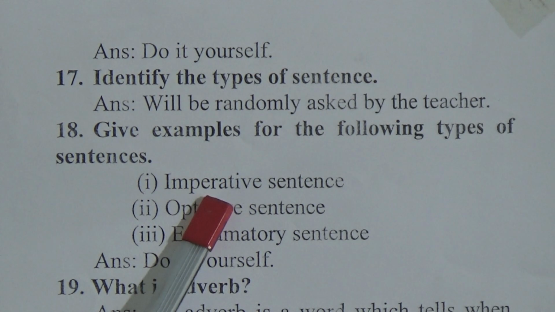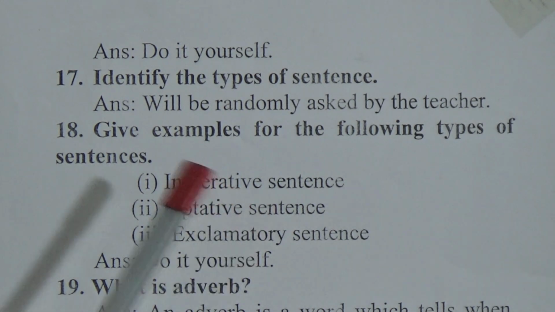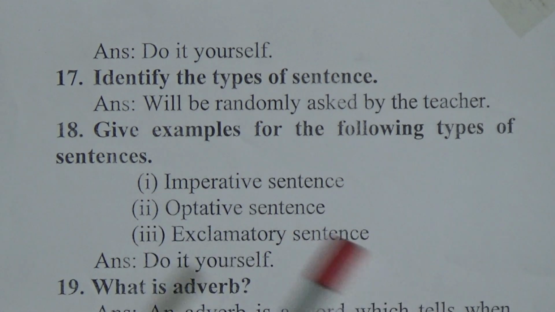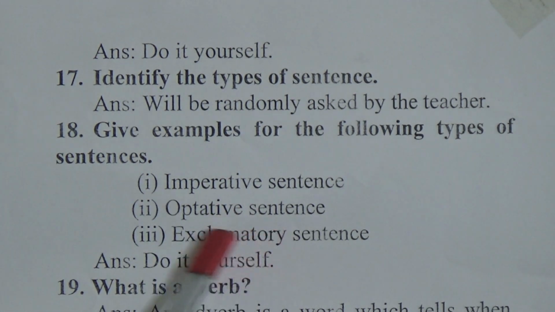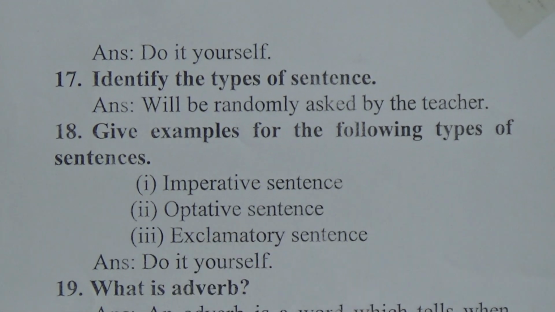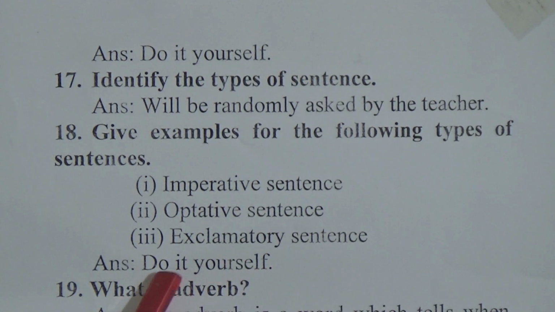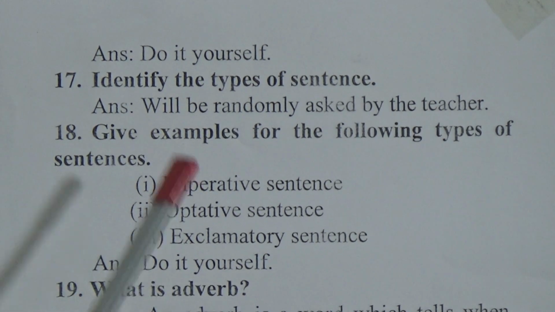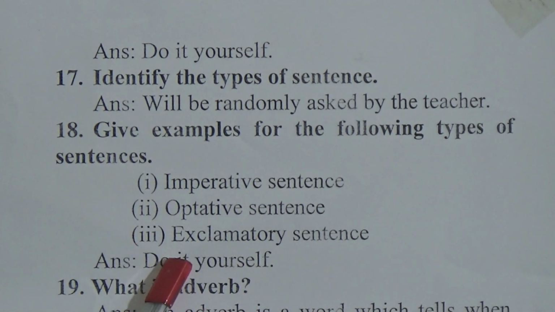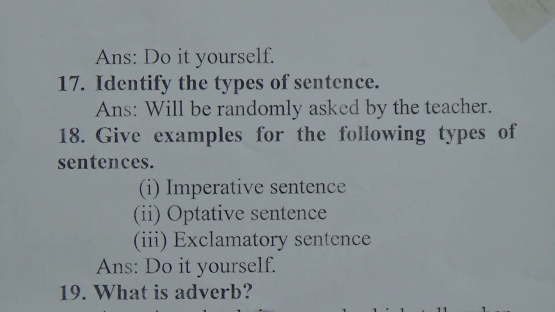So it is an order by your teacher, so it is an imperative sentence. Or optative sentence, you will make a sentence with may you live long. And exclamatory sentence, how beautiful the bird is. Like this you will make your own sentence. That means you will make your own example.